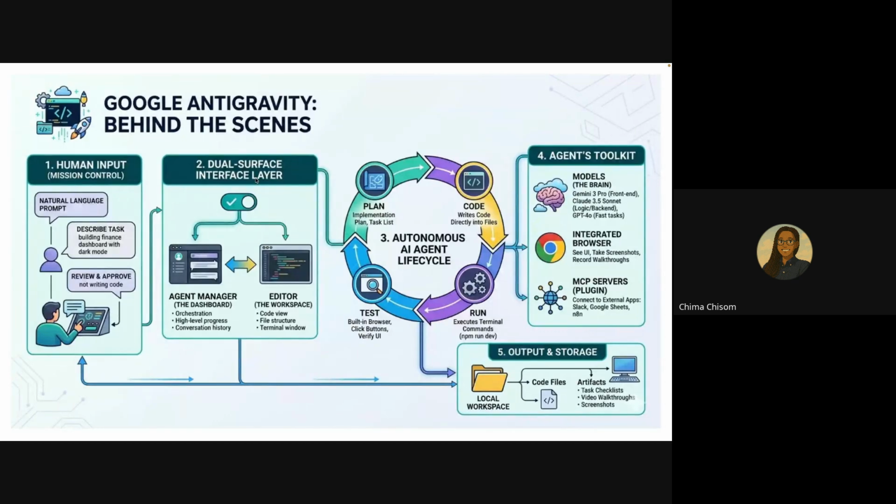Google Antigravity has two major interfaces that you interact with. We have the agent manager, which you're going to see very soon, but just see the agent manager as the orchestration or like a higher level progress dashboard.